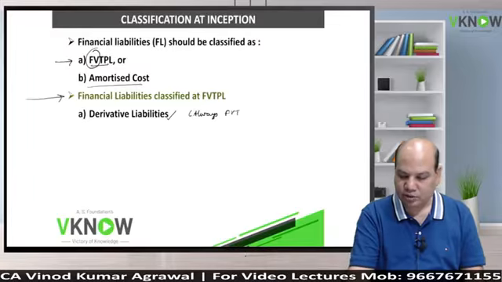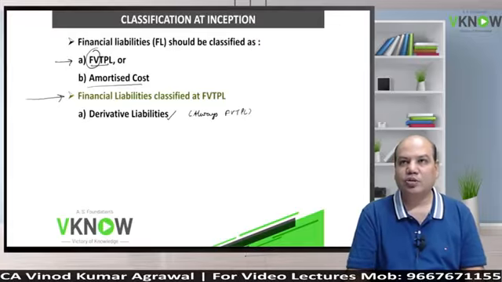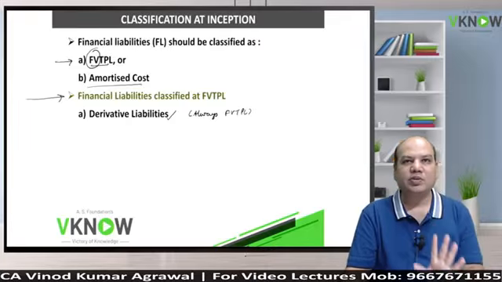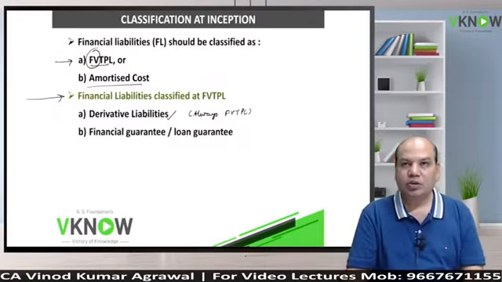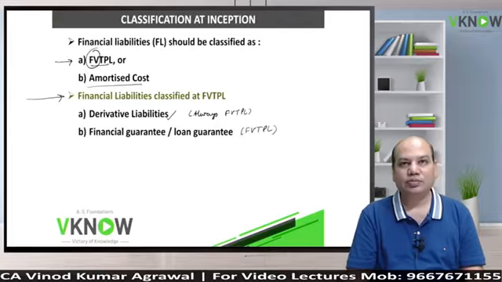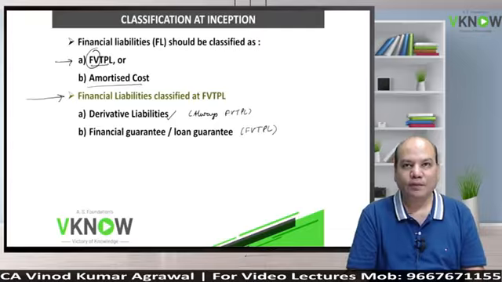Because first of all their maturity is very short and the value keeps fluctuating a lot. So in order to have a fair presentation, it is better that derivatives appear at fair value. Then similarly, if you have given financial guarantees, loan guarantees, as per the standard on financial instruments, these are also shown at fair value.